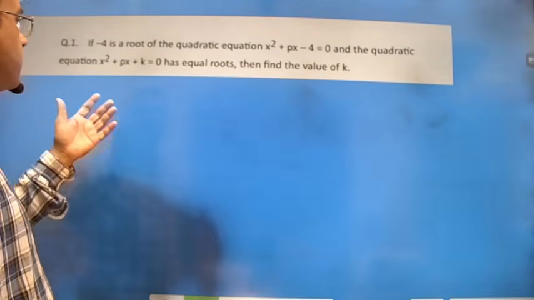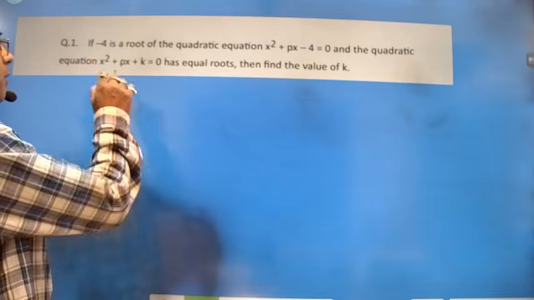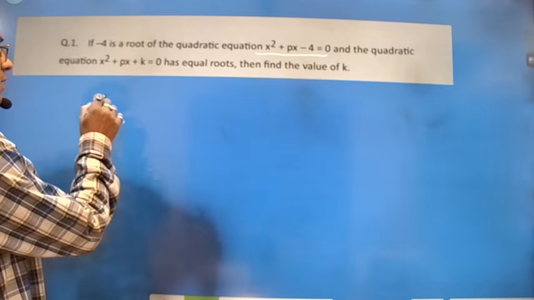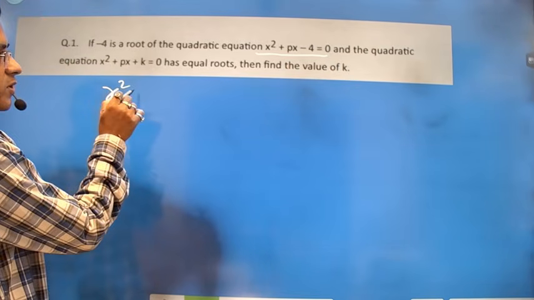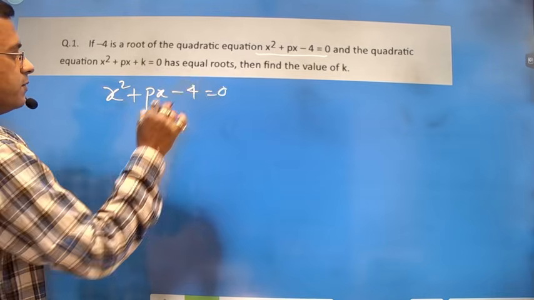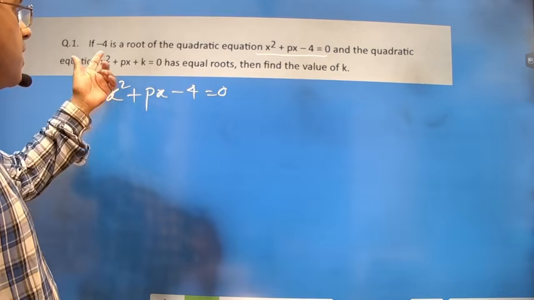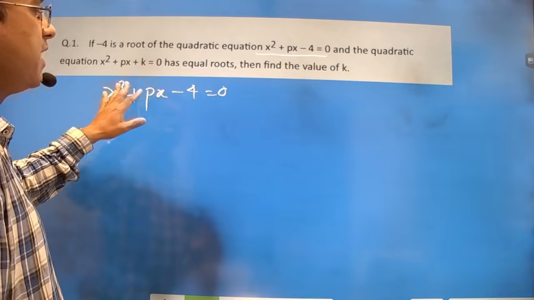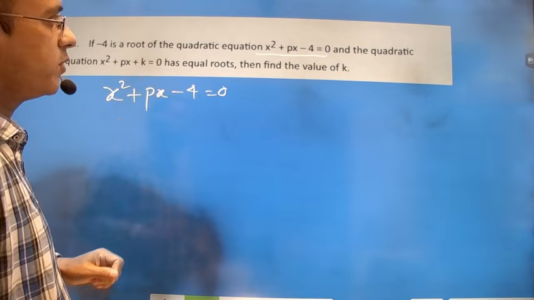In this question it is given that minus 4 is a root of the quadratic equation x square plus px minus 4 equal to 0. Since minus 4 is a root, it will satisfy the equation.